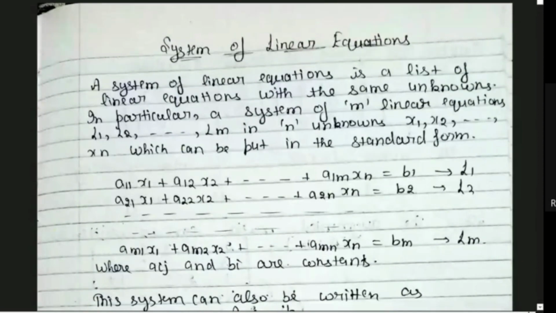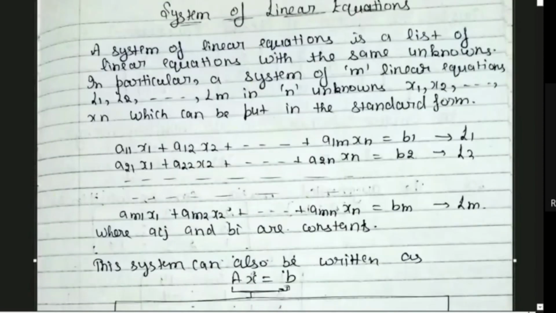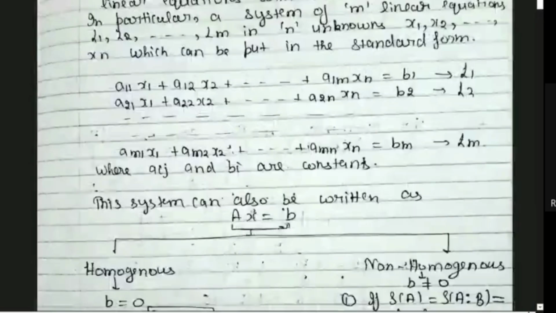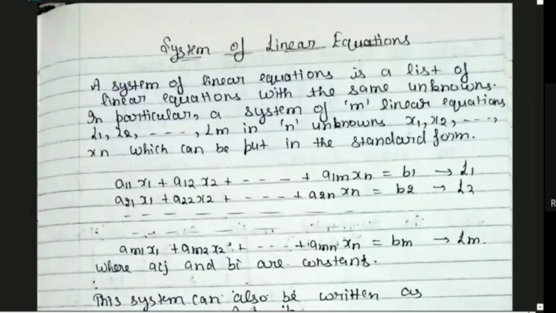Let us take a11 x1 plus a12 x2 up to so on a1n xn is equals to b1, a21 x1 plus a22 x2 up to so on a2n xn is equals to b2 and so on. These are the system of linear equation.